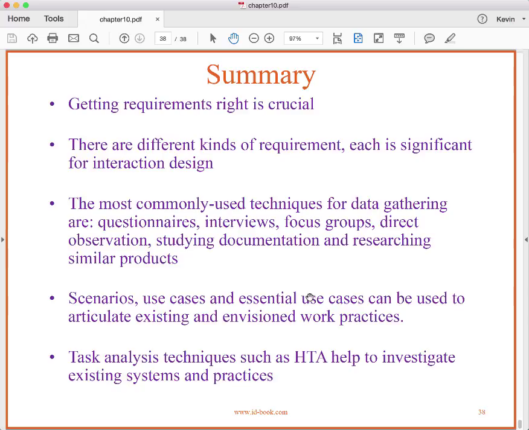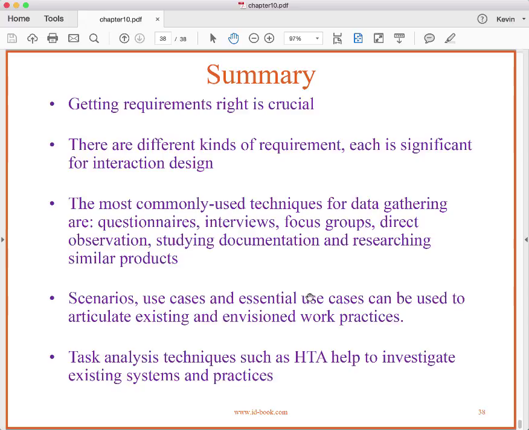We could use essential use cases, and I introduced one that's not in the text, the Agile development-based user stories, which are kind of somewhere between use cases and essential use cases in terms of their size, and maybe have some of the appealing persona-based aspects of the scenarios.